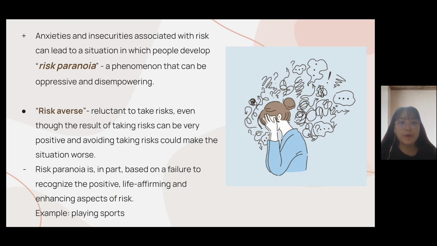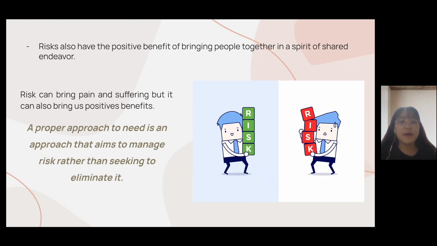Furthermore, risks also have the positive benefit of bringing people together in a spirit of shared endeavor. Like for example, the previous one, playing sport, participating in a sport event, it can be a significant source of friendship and thus of positive feelings of support and group identity.